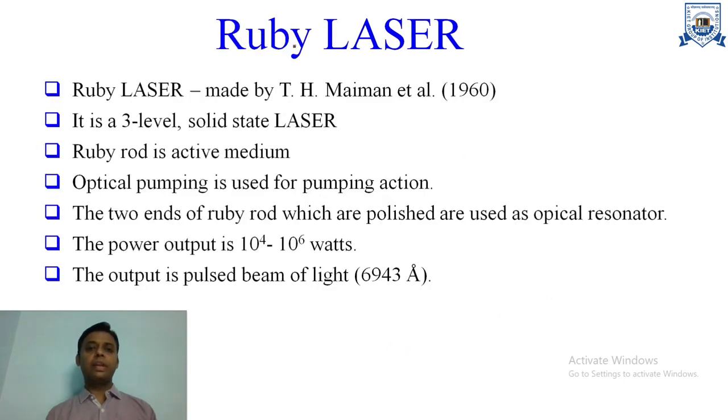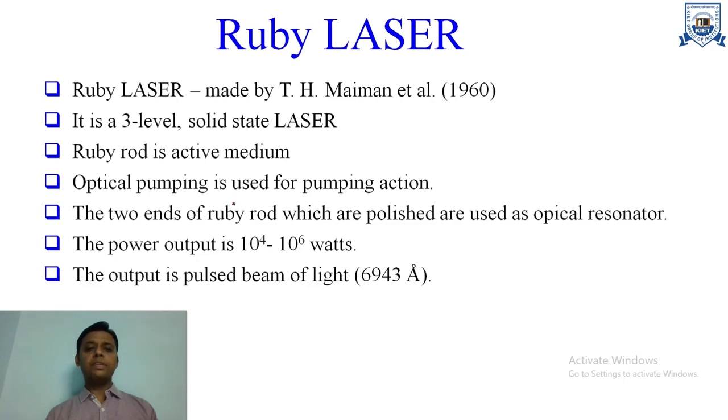Now ruby lasers. Ruby laser is an example of a solid state laser. Solid state lasers were first made by T.H. Maiman et al. in the year 1960, and the ruby laser is the world's first laser. It is a 3 level laser, and the ruby rod is the active medium.